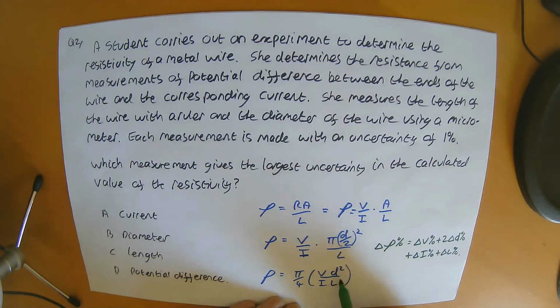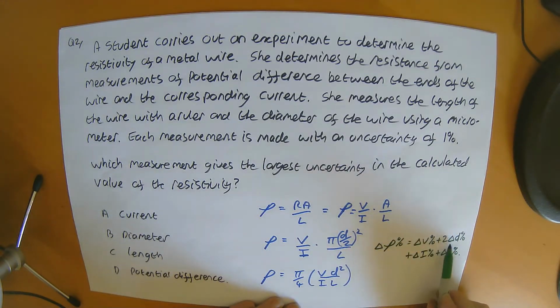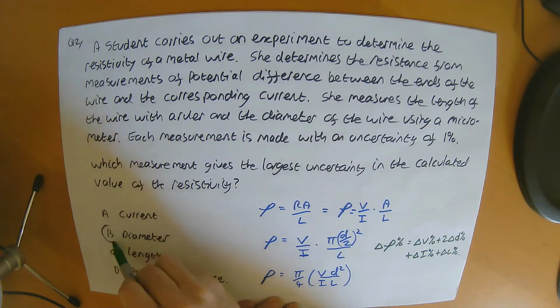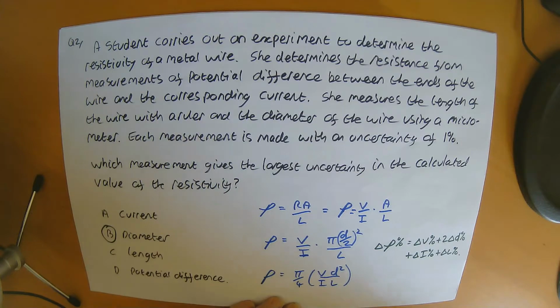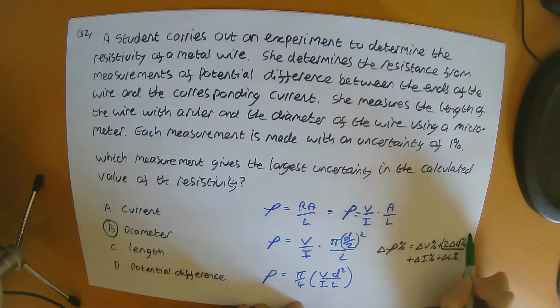And because of this square, the only one which is doubled is the diameter. And so that's the one that makes the largest contribution. Since all of those percentages are equal, this is the biggest factor.